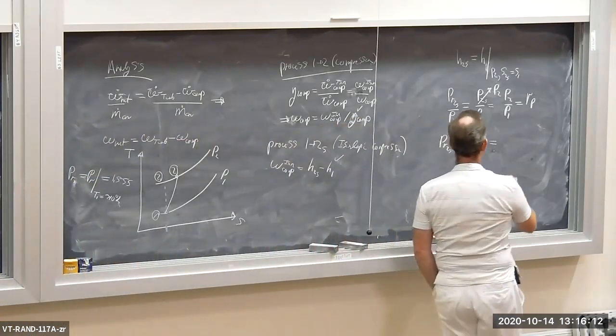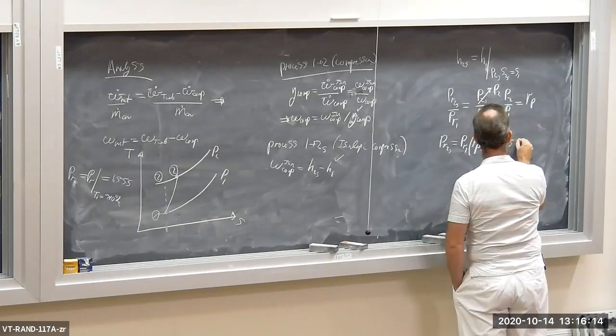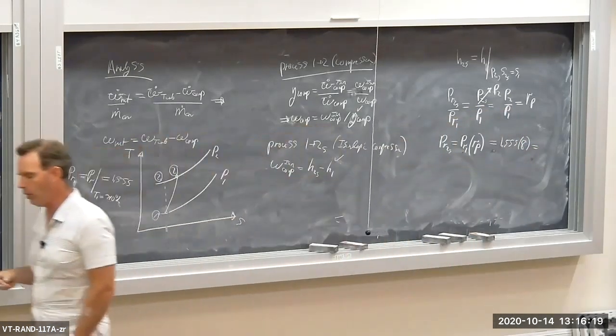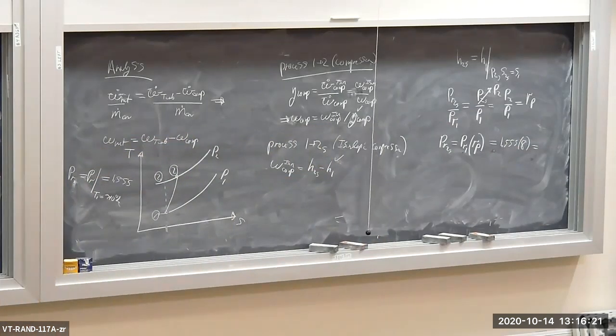So 1.555, the pressure ratio is 8, and I get PR2s equal to 12.44.